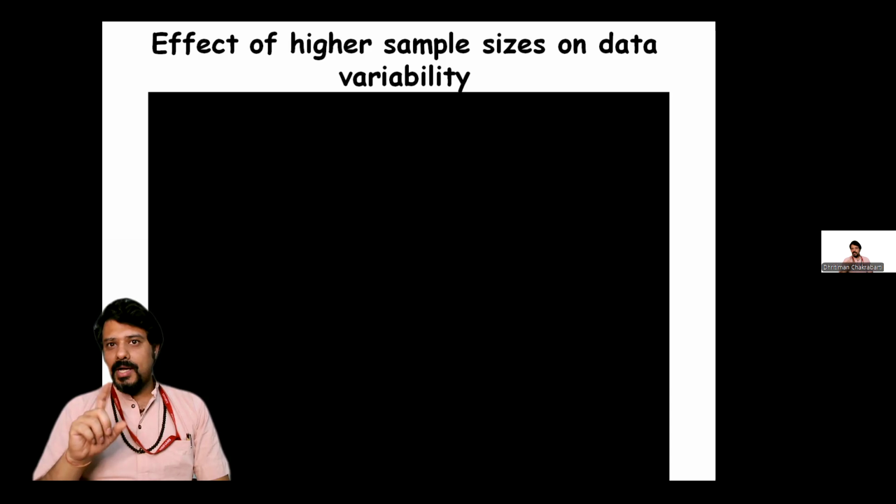I generated such 1,000 samples from this population, and I drew out their histograms and collated them in this video that I'm going to play right now. In this, you will notice how the shape of the histogram changes as you go from a small sample size to a relatively large sample size.